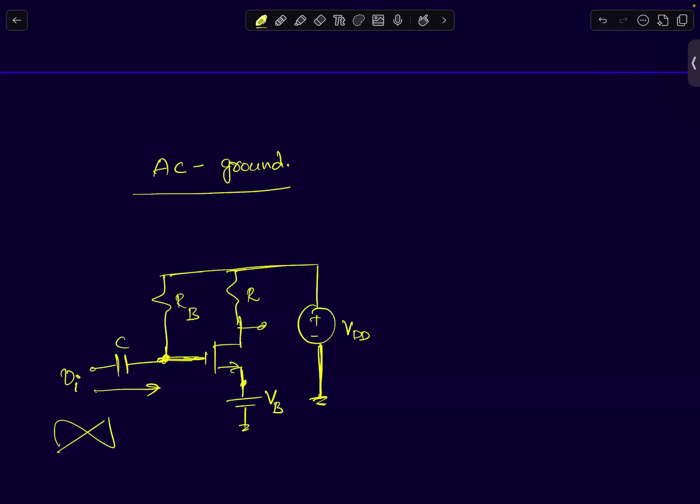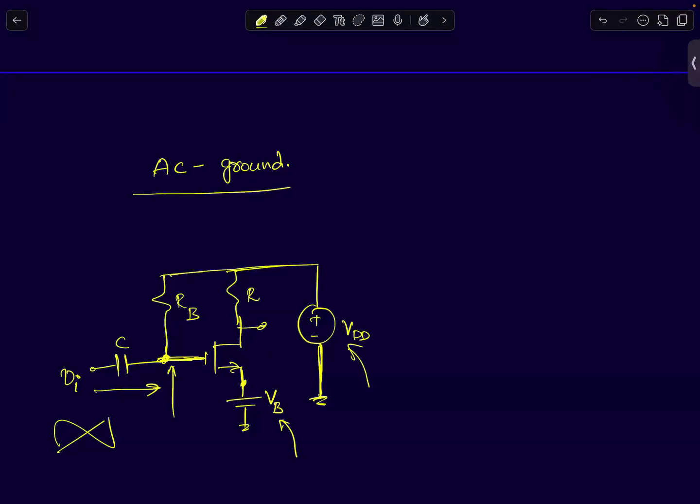Since you have already done a basic MOSFET course on microelectronic circuits, can you tell me what is the DC voltage at this node? What is the gate voltage, DC gate? Here I have two DC voltages. One is VB, the other one is VDD.